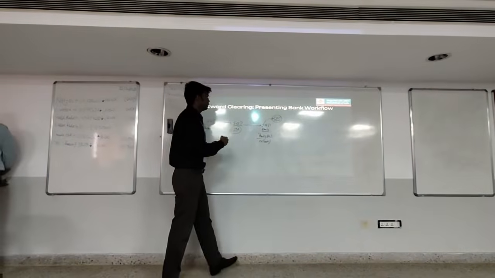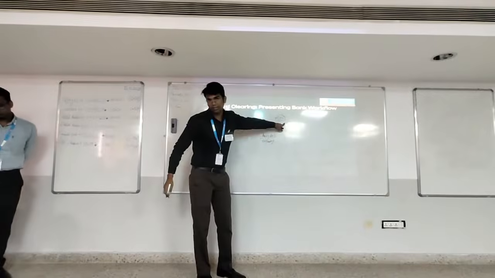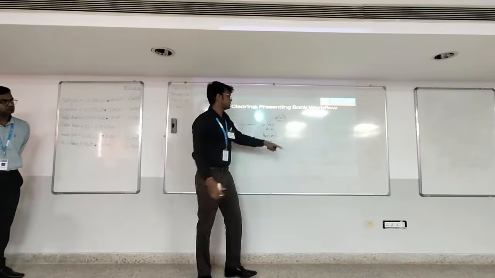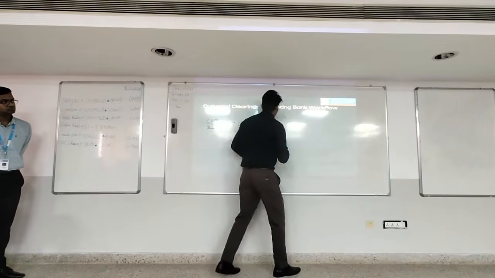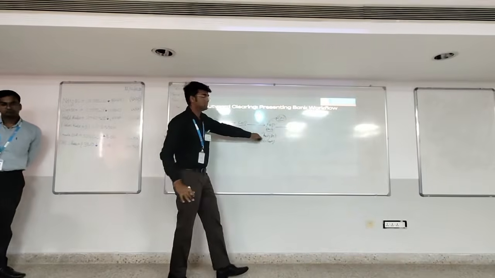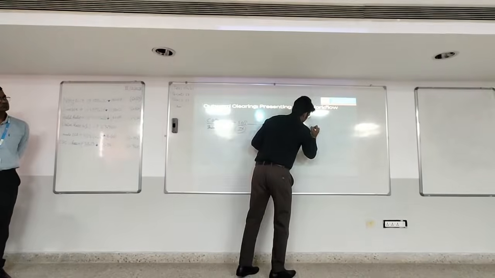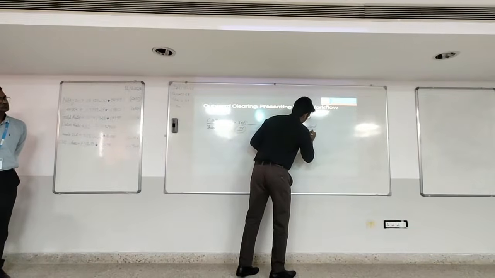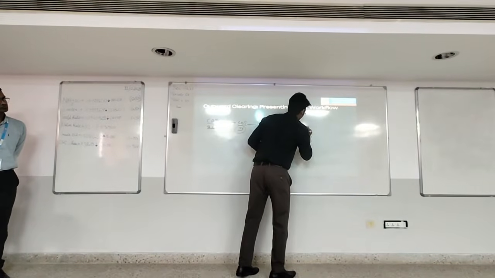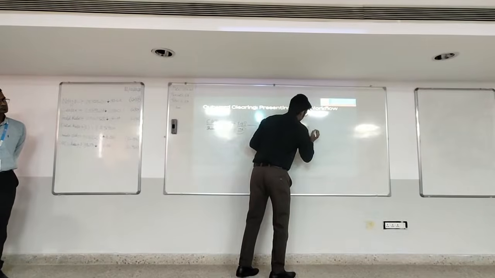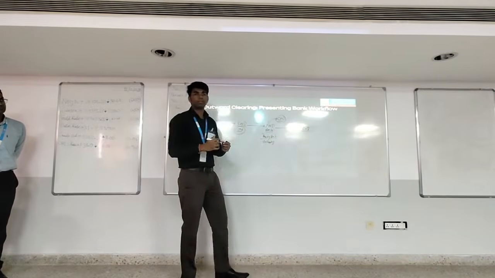It will go to the CPC center, and from there they will scan the check. After that, it will be given to the home grid, CHI, where it will be processed.